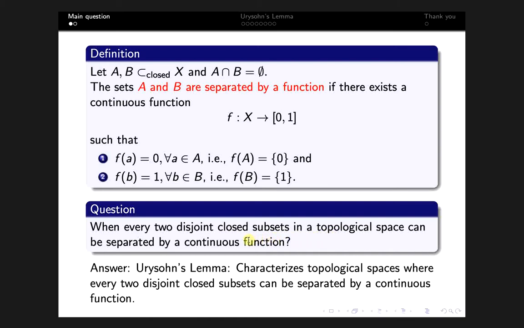Given a topological space X and arbitrary disjoint closed subsets A and B, when does there exist a continuous function f from X to [0, 1] such that the restriction of f to A is the constant function 0, and the restriction of f to the closed subset B is the constant function 1?